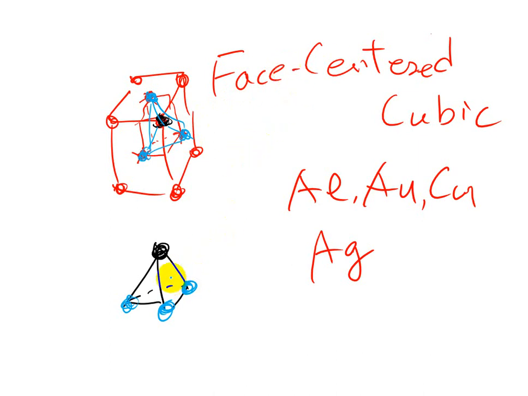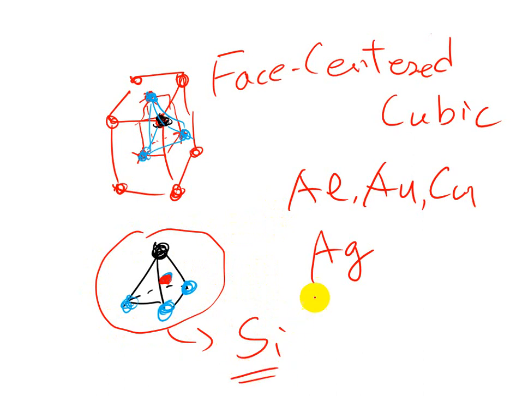Within the tetragonal, at the body center, you got one extra atom. And this tetragonal structure is basically the crystal structure of silicon.